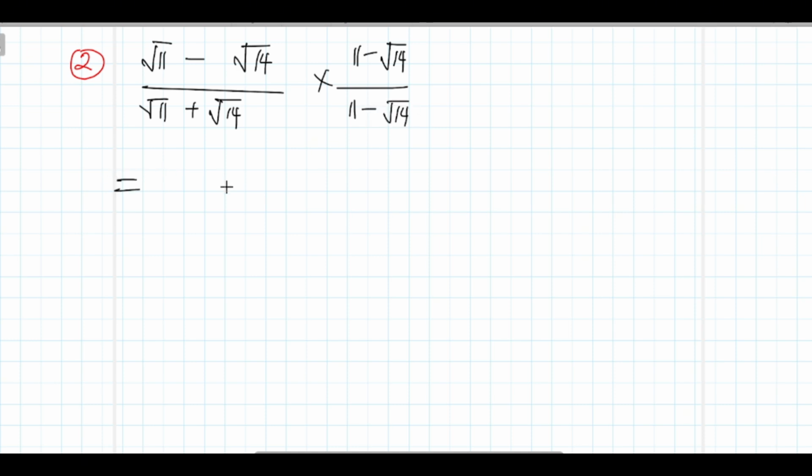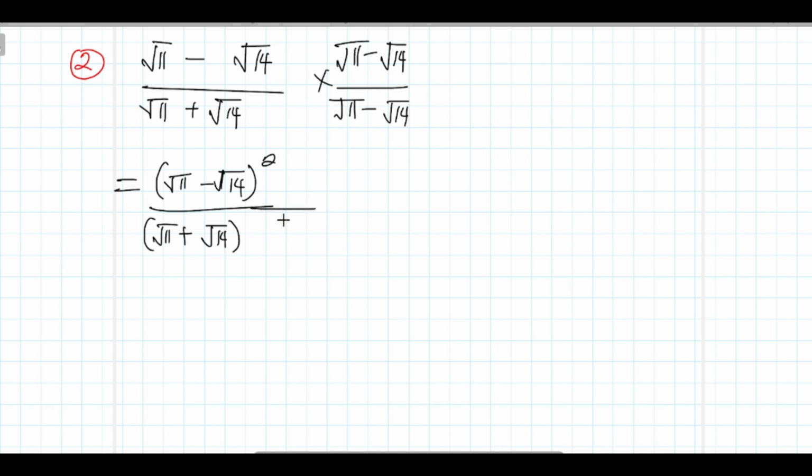So if we multiply that, that will be square root of 11 minus square root of 14 squared all over square root of 11 plus square root of 14 times square root of 11 minus square root of 14.